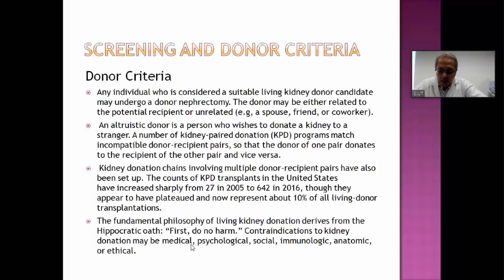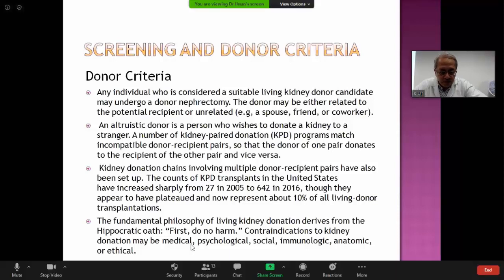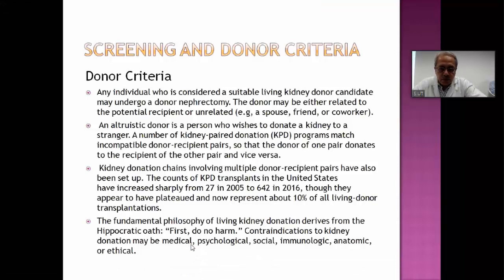Why I'm telling you this is because your very first point on this slide says that any individual who is considered a suitable living kidney donor candidate may undergo a donor nephrectomy. The donor may be either related to the potential recipient or unrelated. That is correct, but by relation we mean two things. One is a blood relation, which means the donor has to be a brother, sister, father or mother.